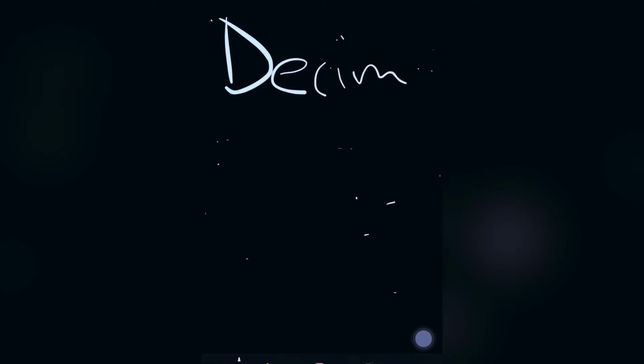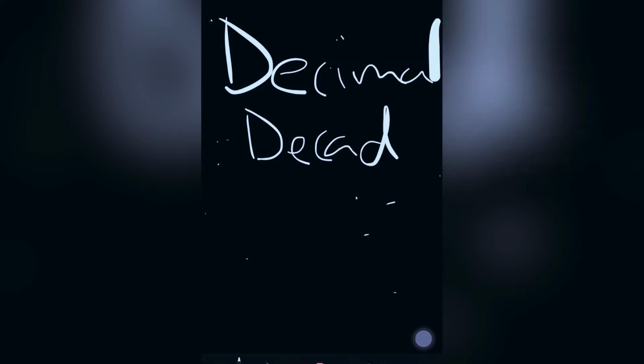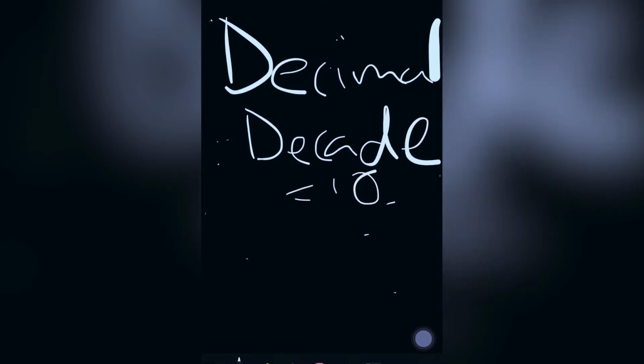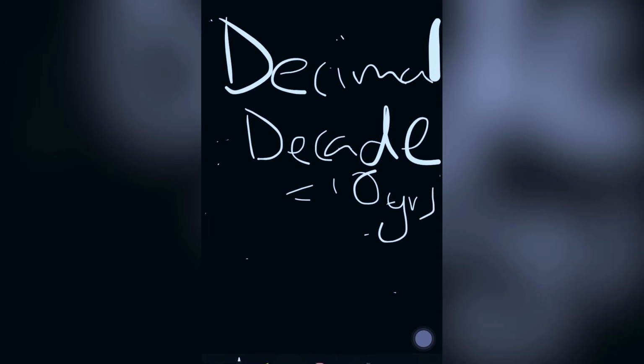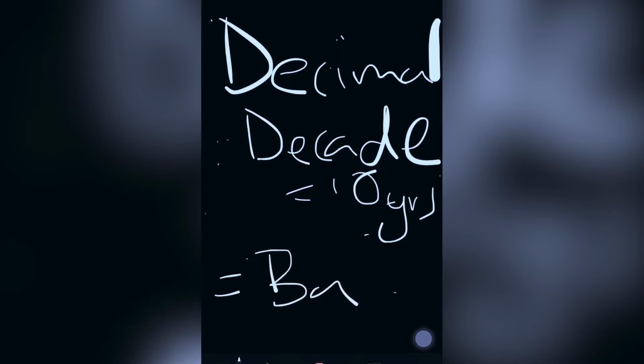When I talk about decimal system, what comes into your mind? Do you know what comes into my mind? Decimal system comes from decade, and in a decade, there are 10 years. So to get it clear, you just have to remember it from the decade, which is 10 years, and it is also known as base 10.